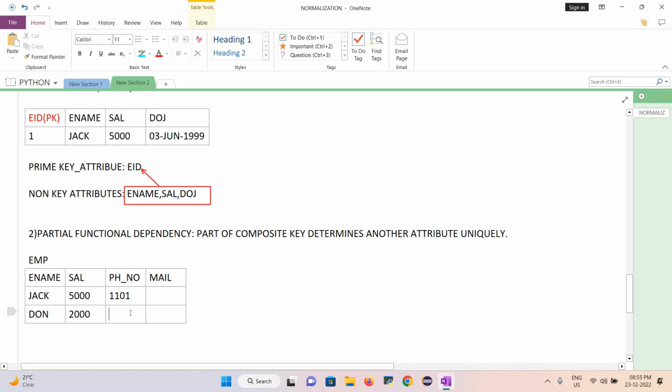Don doesn't have a phone number, and Jack doesn't have a mail ID, but Don has a mail ID at gmail.com.